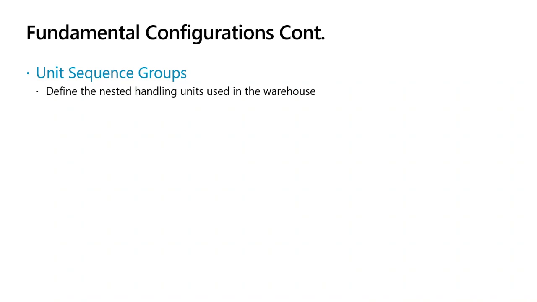The important thing with the unit sequence group is to note that it also works in conjunction with the unit conversions that are defined on that item. So if I am using those multiple handling units, I also want to define the unit conversions on the item to tell the system not only what units are in the unit sequence group, but how many units are in the unit conversion.